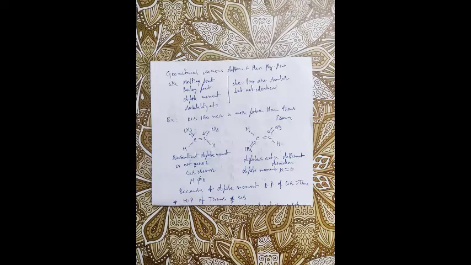Why is it so? In trans isomer, close packing of molecules is possible. Therefore, because of the close fitting, it needs more energy to separate them from each other. Thus, the melting point of trans isomer is more than that of cis isomer, whereas the boiling point of cis isomer is greater than trans isomer because of the dipole moment.